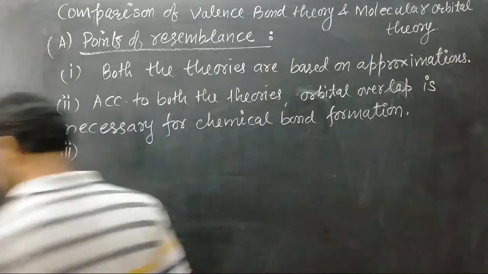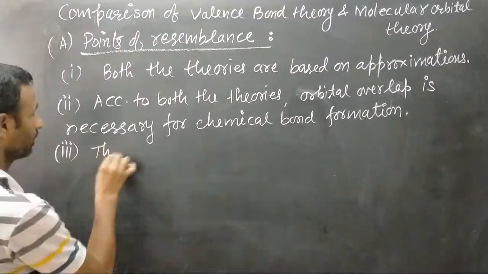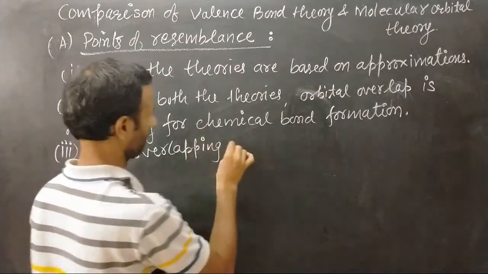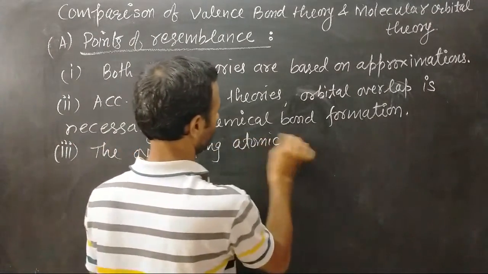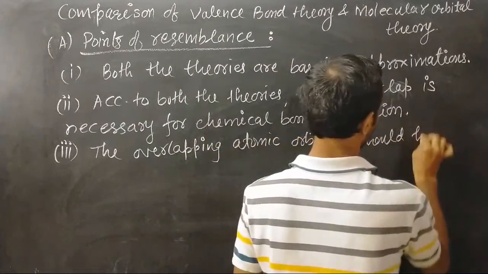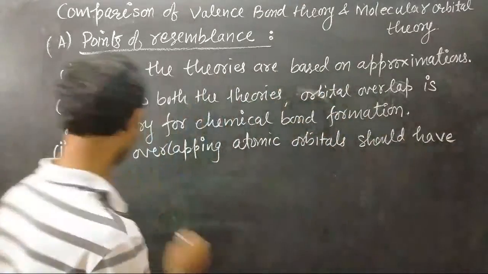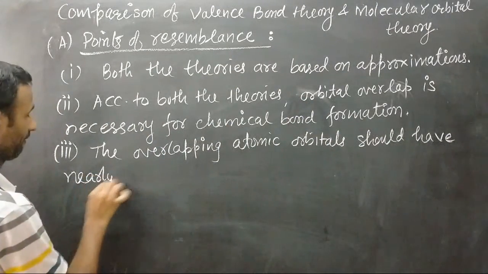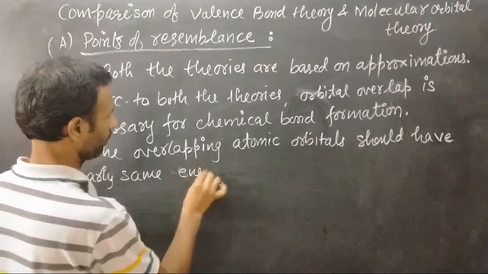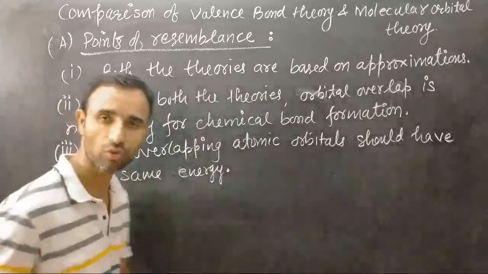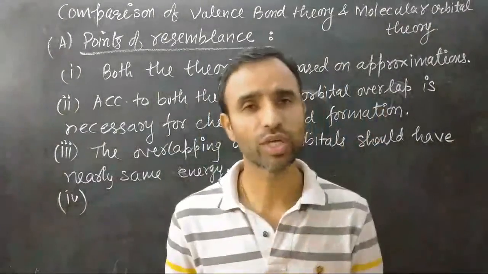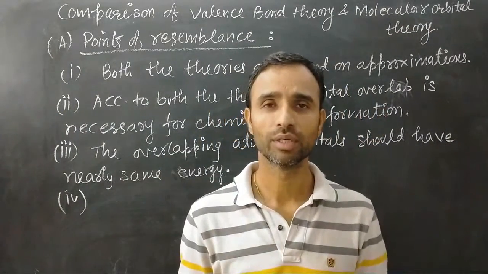Okay, so the overlapping atomic orbitals should have nearly same energy, either equal or comparable. According to valence bond theory, when bond is formed, then what happened?